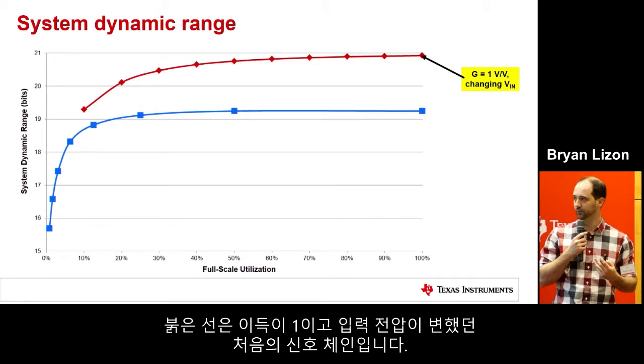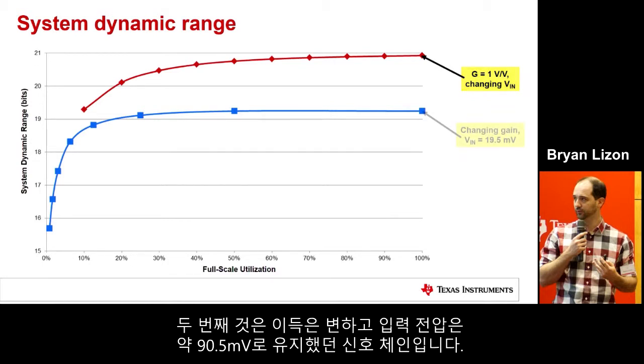This red line represents the first signal chain we looked at, where we had the gain of 1 and your input voltage was changing. The second plot represents the other one, where the gain was changing and the input voltage remained the same. It was constant at 19.5 millivolt.